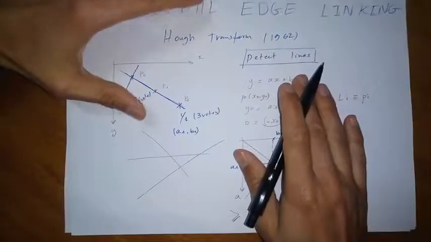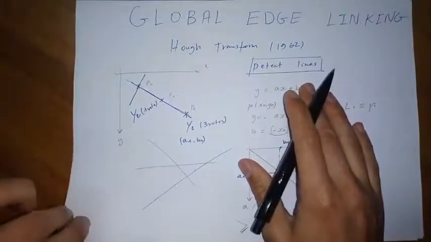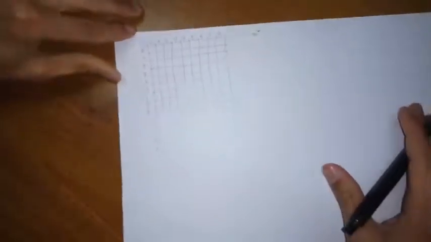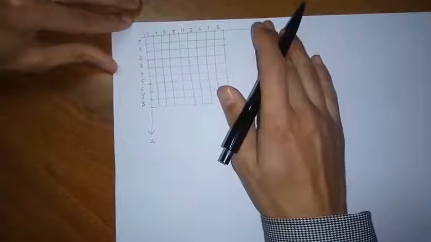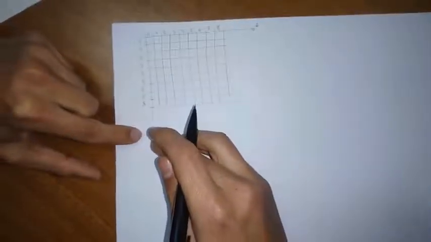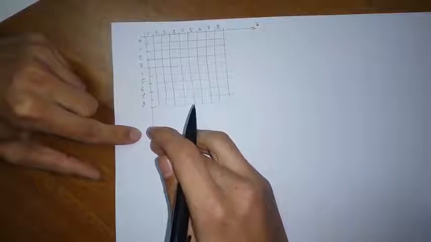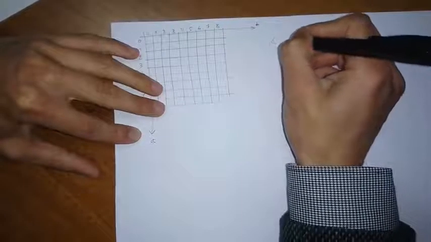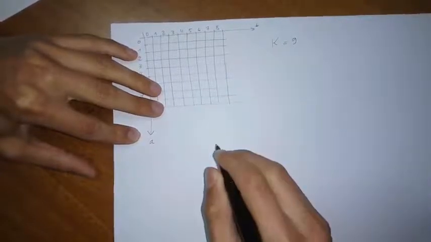For that reason I prepared this grid of the AB space. Here I have an A-axis that is divided into k possible values, and k in this case is equal to 9.